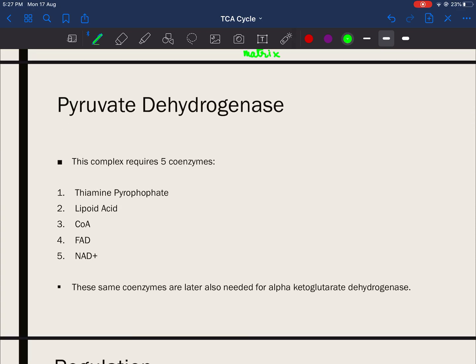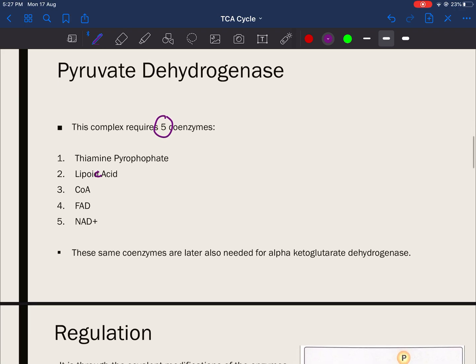The pyruvate dehydrogenase complex requires coenzymes. There's 5 coenzymes that are required. A coenzyme is a non-protein compound which is absolutely essential in the functioning of an enzyme, or in this case, a group of enzymes. So the 5 coenzymes that are required are thiamine pyrophosphate, lipoic acid, CoA, FAD, and NAD+.